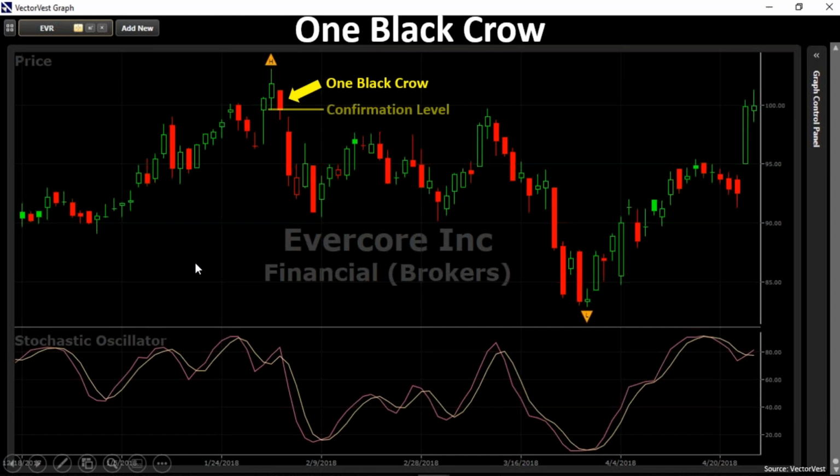All right, there's your one black crow. There's your confirmation level. There's your initial stop loss, end of the uptrend, and beginning of new weakness here. Okay, there's your bullish Harami. There's your piercing pattern. So you got a little double, I would call it a double bottom, but because it's not really a bottom, it's support.